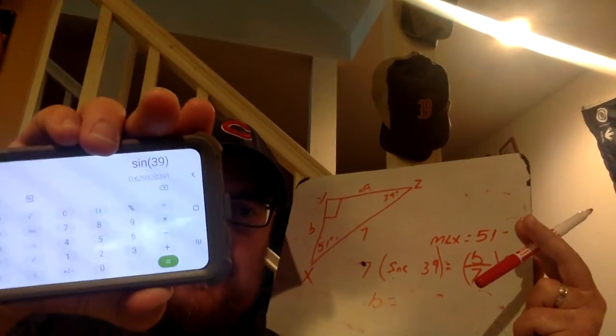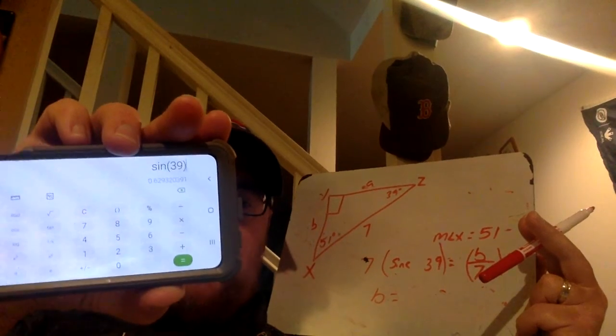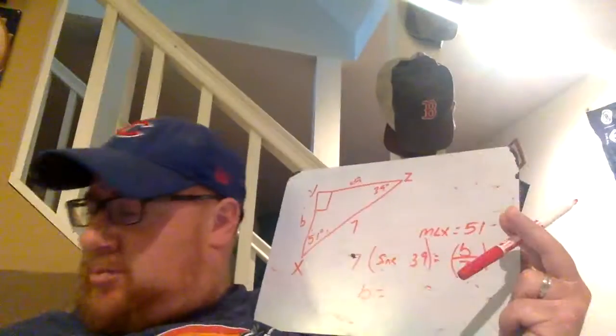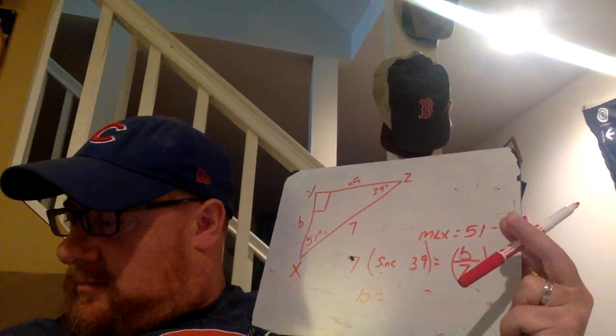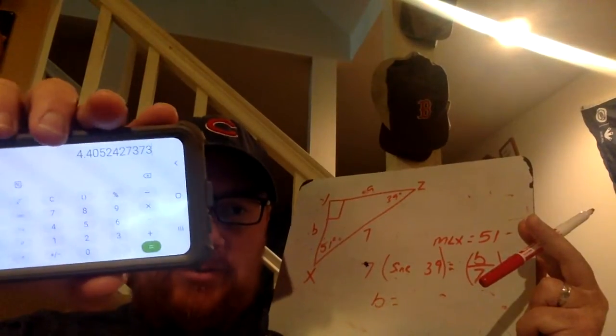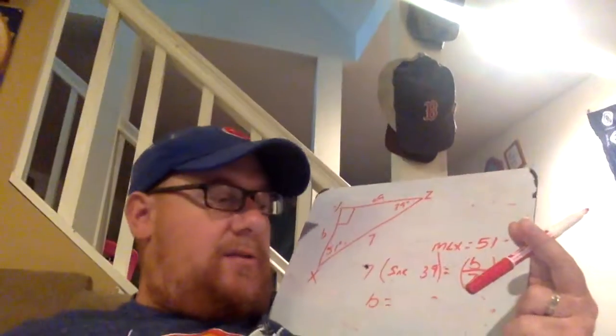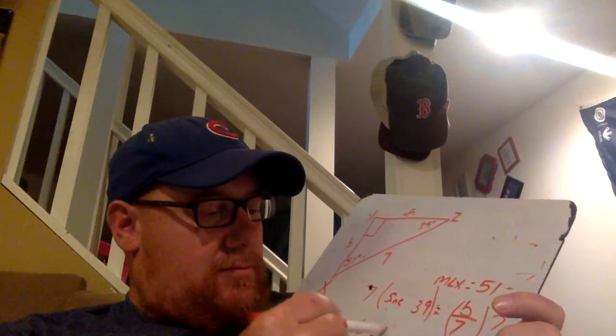See how I did that? And then we're multiplying by 7. So all you have to do is put 7 at the end. Equals. You're going to get a long, nasty decimal. Round to the nearest tenth. My answer is 4.4. So side B is 4.4.